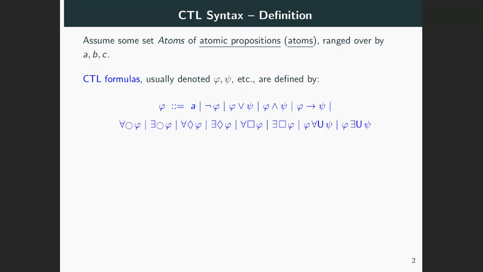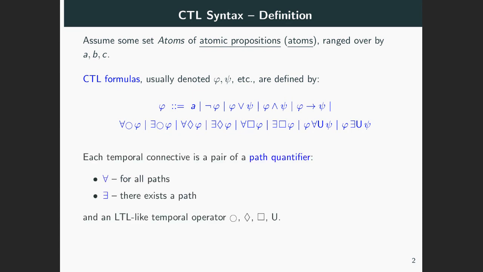Then there are the temporal connectives, which, as you can see, are more complex and in larger number than those for LTL. Each CTL connective consists of a so-called path quantifier, which can be either for all, or there exists, and an LTL-like logical operator.